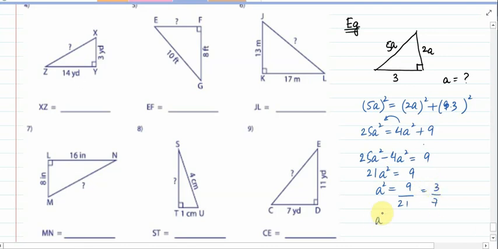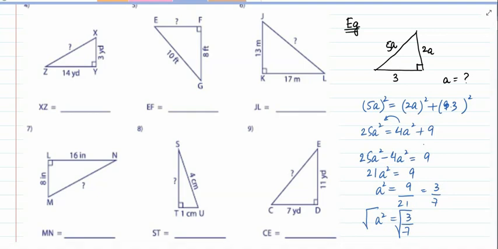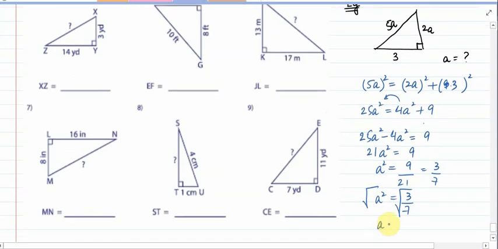So a square is equal to 3 divided by 7, root on both sides. So 3 divided by 7, we need to do calculation by calculator. It's 0.428, and root of it will be 0.65. So the final answer of a is 0.65.